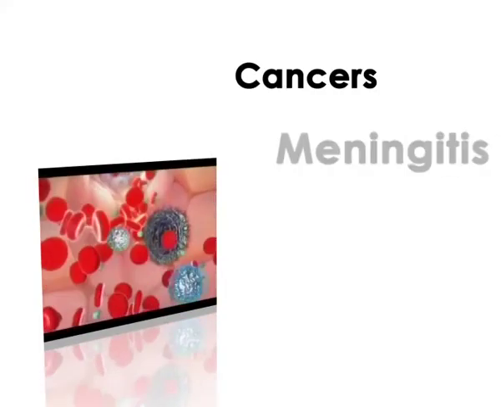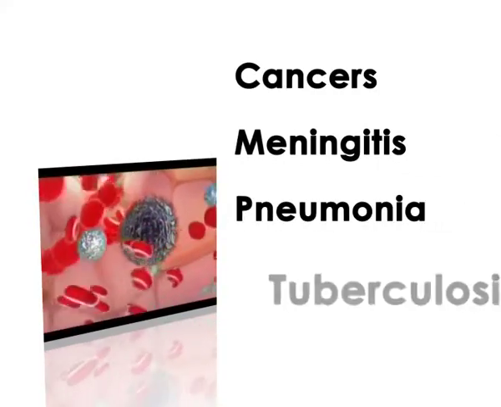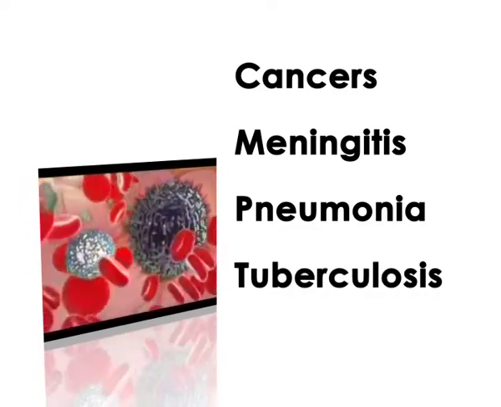Opportunistic diseases such as cancers, meningitis, pneumonia, and tuberculosis may also take advantage of the body's weakened immune system and produce diseases. Although periods of illness may be interspersed with periods of remission, AIDS is almost always fatal.